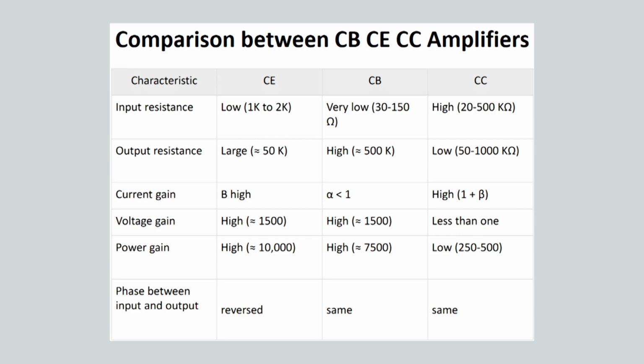In common collector the current gain is highest and voltage gain is approximately 1. In common base the voltage gain is highest, but current gain is low. So, of all these 3 configurations we generally prefer to use the common emitter amplifier, since it will produce the highest power gain.